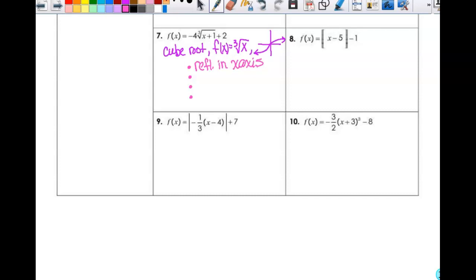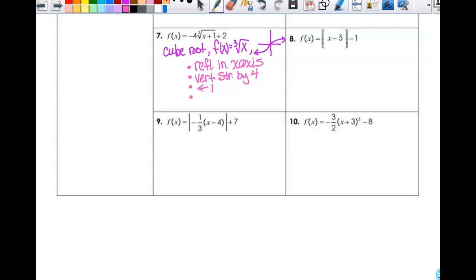Okay, so then we have the 4. Kayleen, what does the 4 do for me? Very good. Vertical stretch by 4. And then the 1, what does the 1 do, Daisy? Left 1.